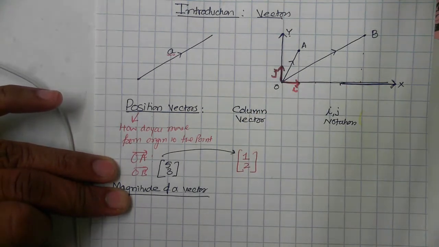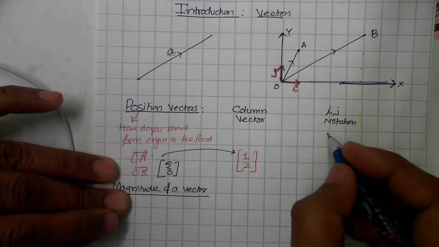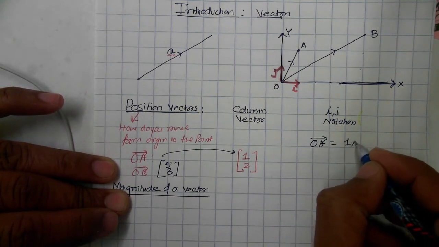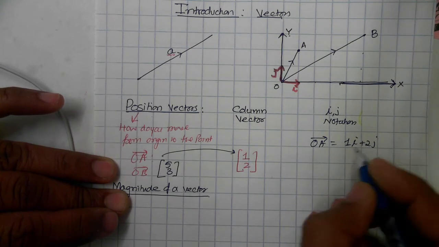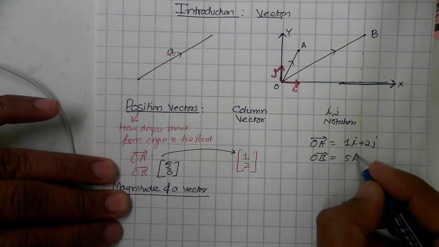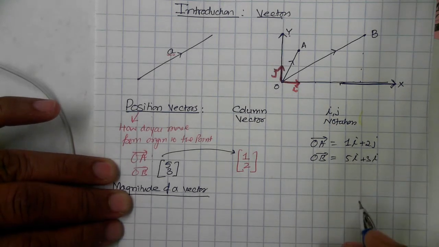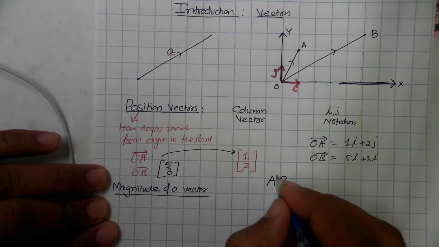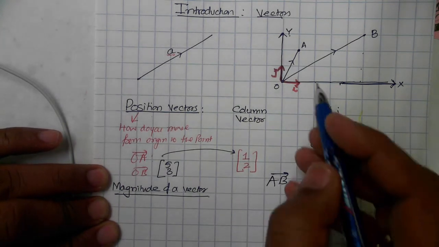So in unit vector notation, vector OA can be written as 1i plus 2j, and OB is 5i plus 3j.